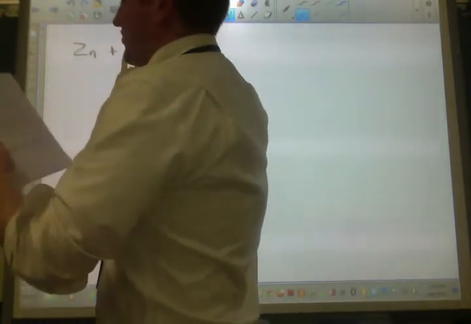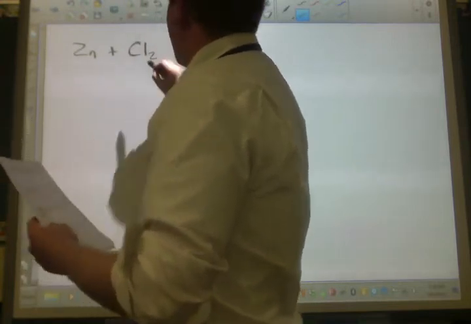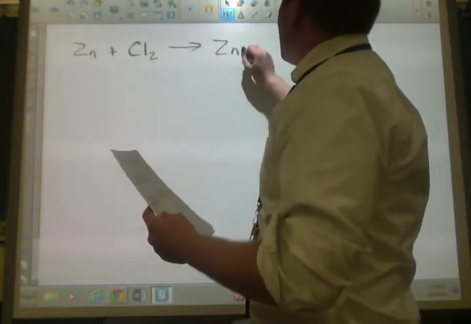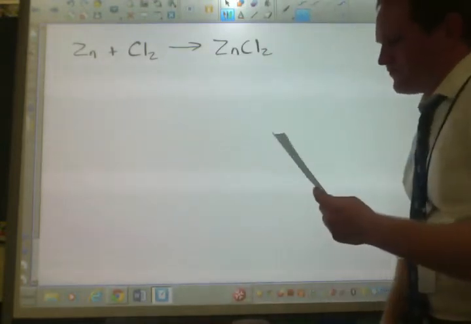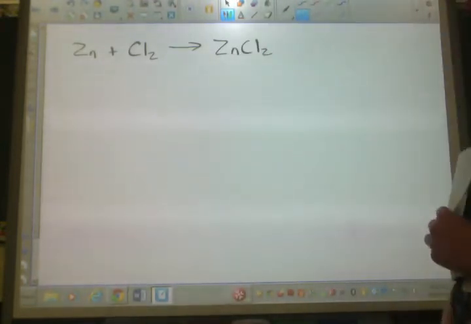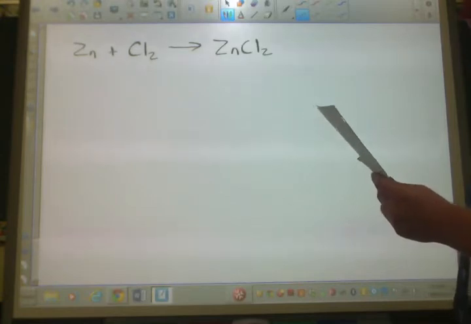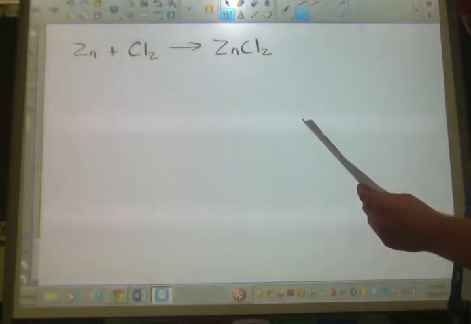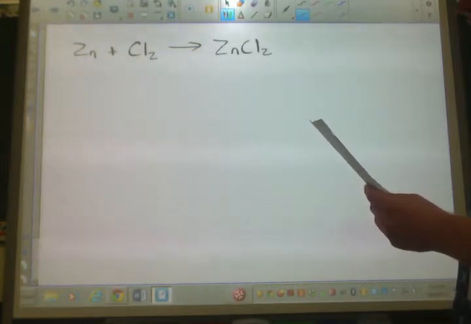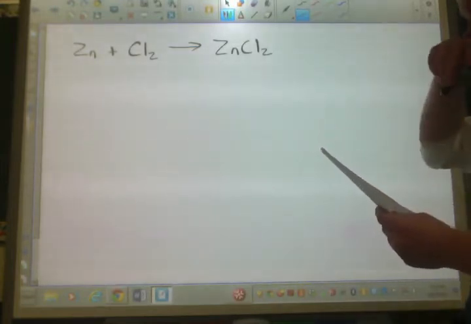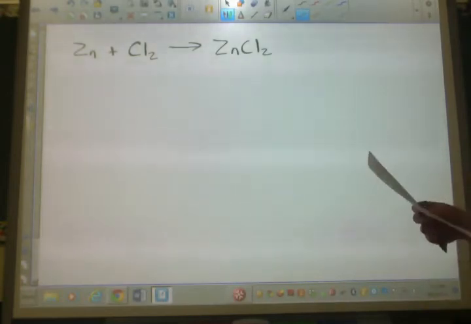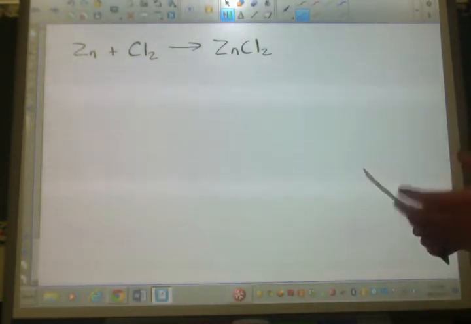Zinc plus chlorine gas, remember that is a Brinkelhoff, forms zinc chloride. That is already balanced, 1 to 1 to 1. What volume of chlorine gas at 25 degrees Celsius and 1.0 atm is required to completely react with 1.3 grams of zinc? So this question is going to require us to find moles again.